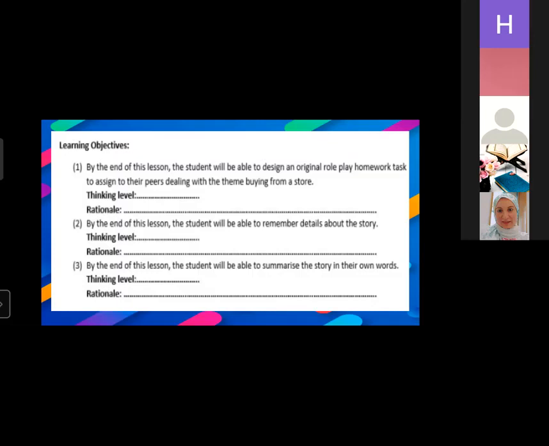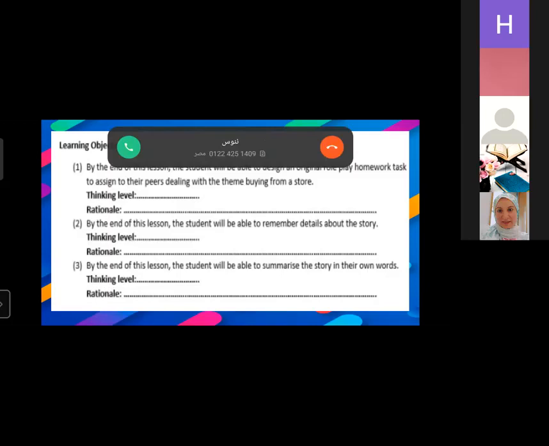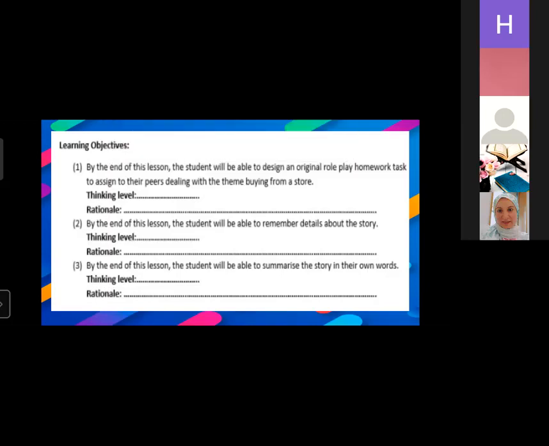Because in this objective he is asked to design a role play as a homework task for his peers, to teach them how to deal with the theme buying from a store. So create, a conversation or a role play. That's my opinion.